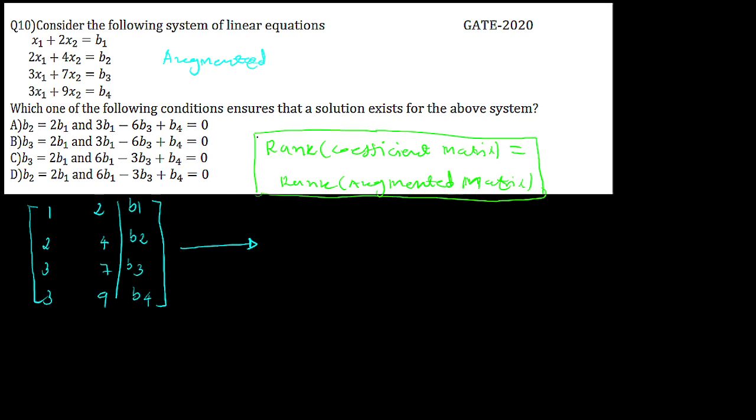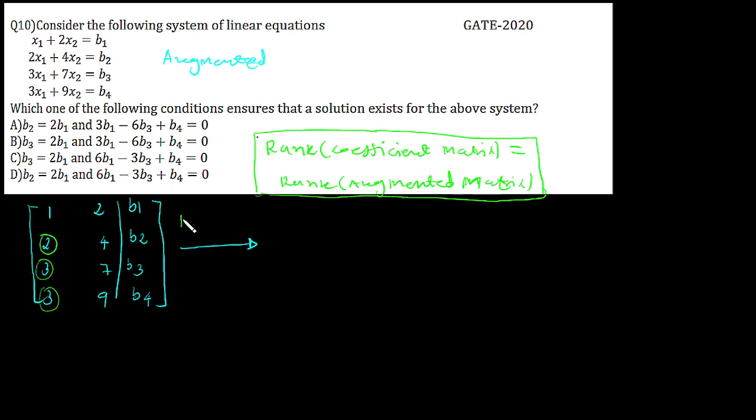So now to find the rank of the coefficient matrix and augmented matrix, we need to reduce this matrix into echelon form. So again to reduce this coefficient matrix into echelon form, we need all the entries below this 1 as 0. So this 2, this 3 and this 3, we want to make those 3 entries 0.